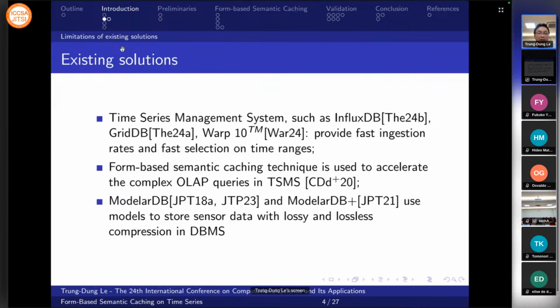Another solution is that form-based semantic caching technique is used to accelerate complex OLAP queries in time series management systems. And the final existing solution is ModelarDB and ModelarDB Plus. They use a model to store sensor data with lossy and lossless compression in the database management system.